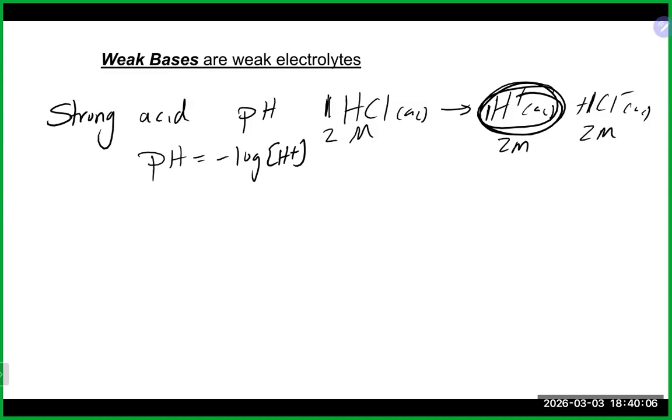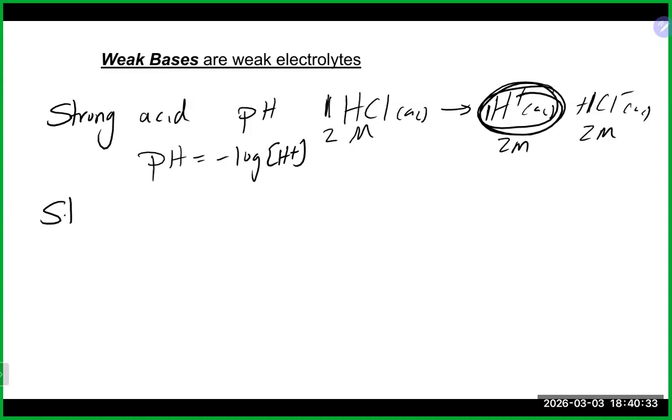Not that it's important for pH, but that is how it works. So you can do a mole-to-mole relationship to figure out what it is. The good news, though, is most strong acids are monoprotic, which means they only have one hydrogen, which means if you know the concentration of the strong acid, you know the concentration of the H plus, and that will allow you to go right into the pH equation without having to worry about it.